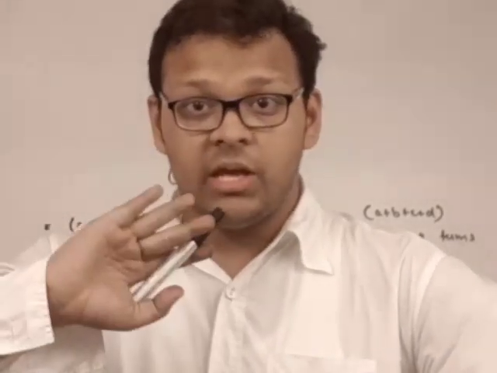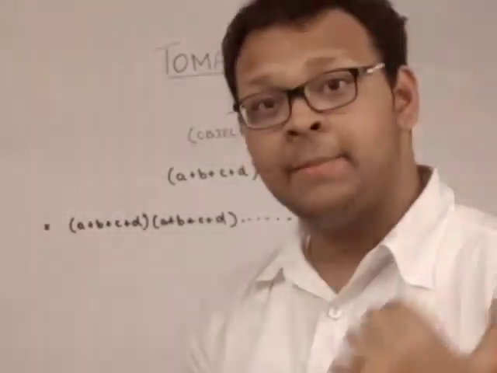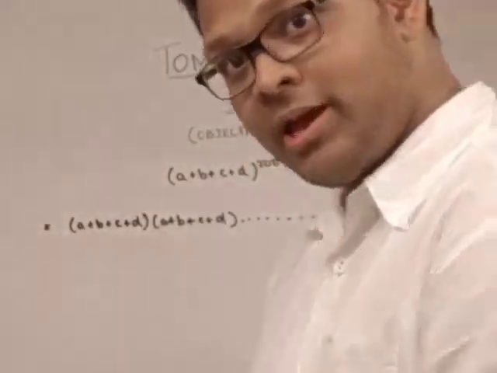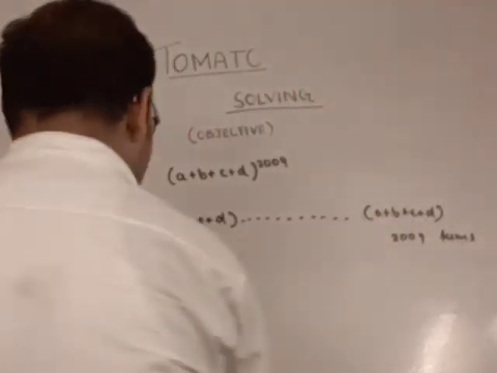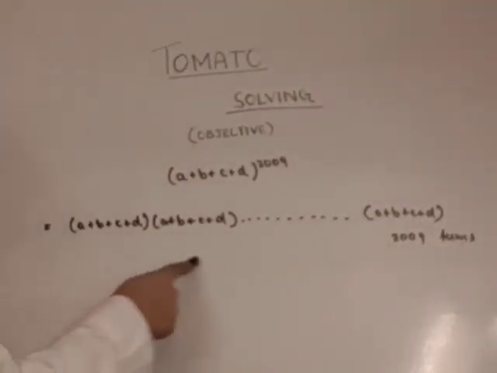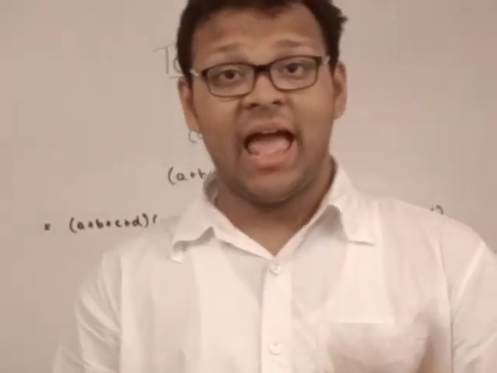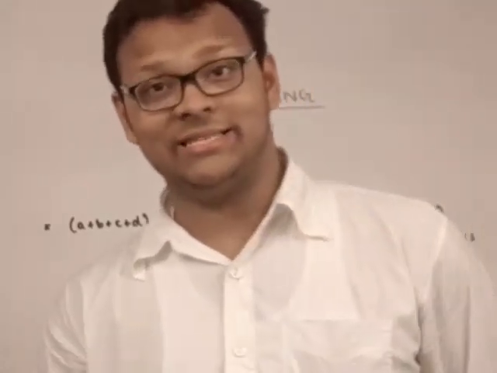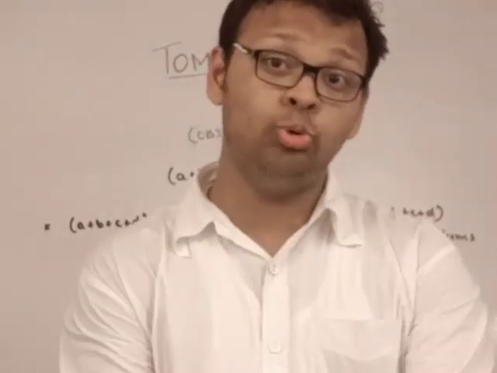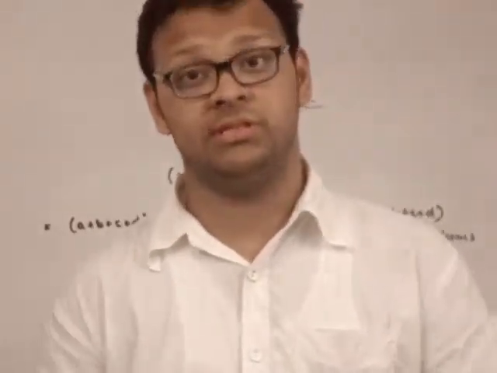So in how many ways can you place them? Let the number of ways be x. Now observe that the number of terms in this problem is basically the same as the number of ways of dropping 2009 balls in 4 boxes.